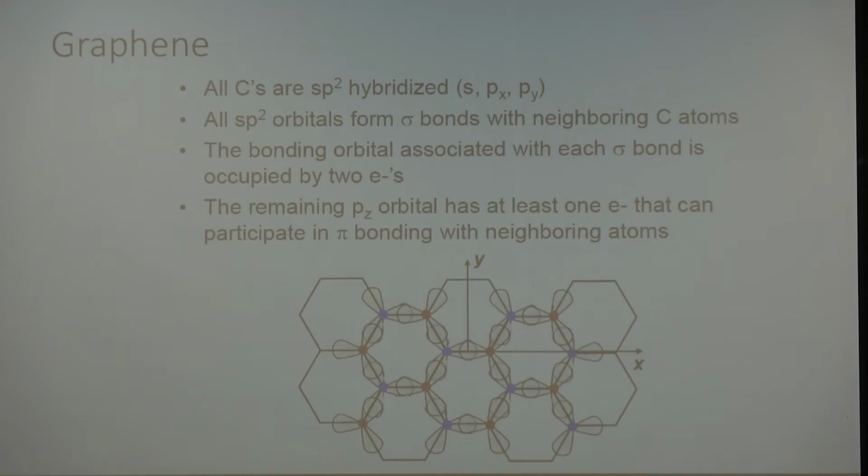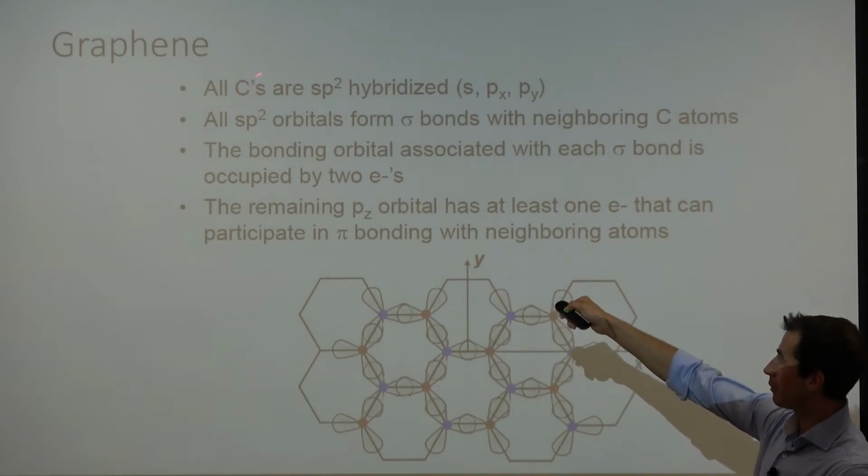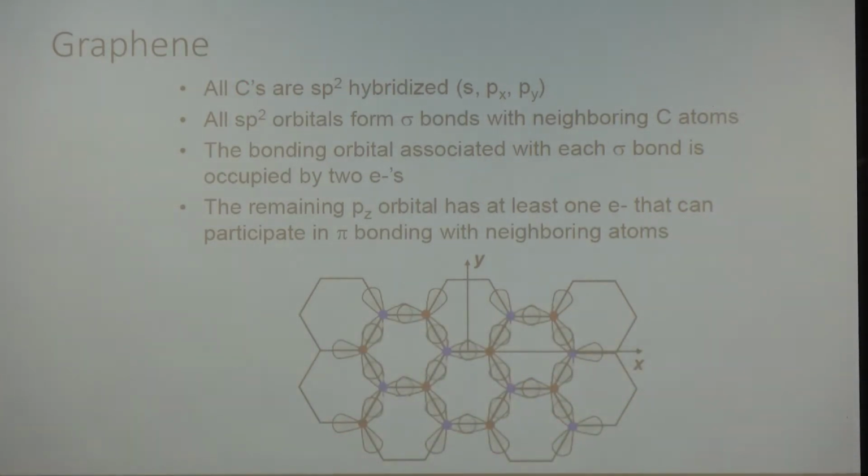So what's kind of remarkable about graphene, and believe me, this is not me, I hate when there's that comma or apostrophe there, which just should not be there because it's not possessive, it's just plural. So in graphene, all of the carbons are sp2 hybridized, right?